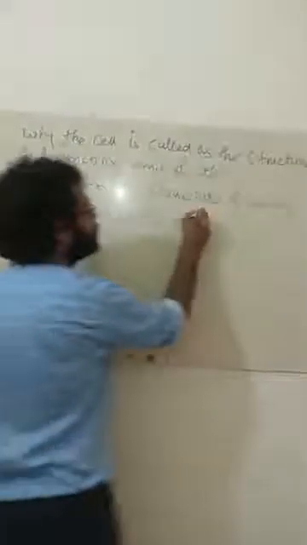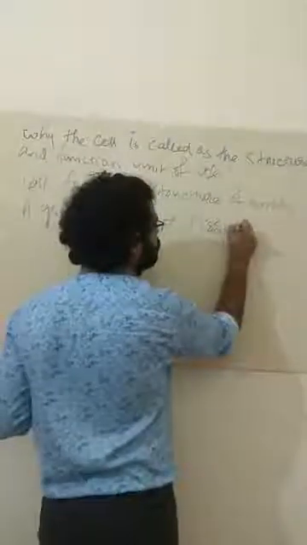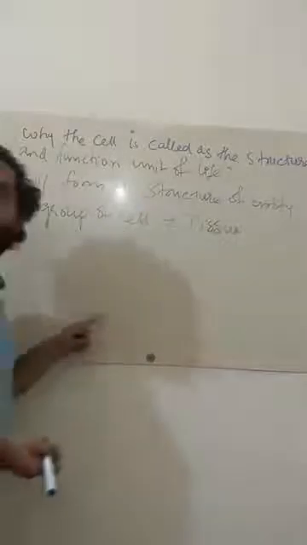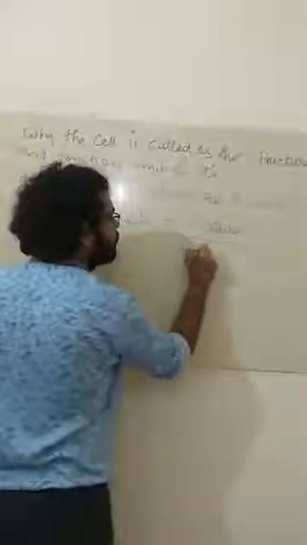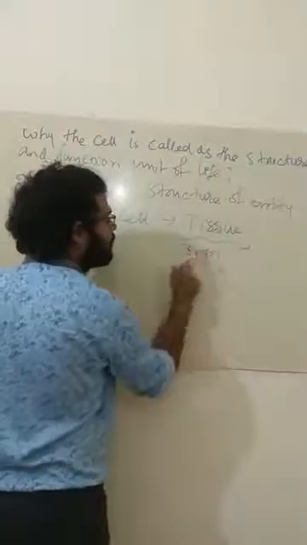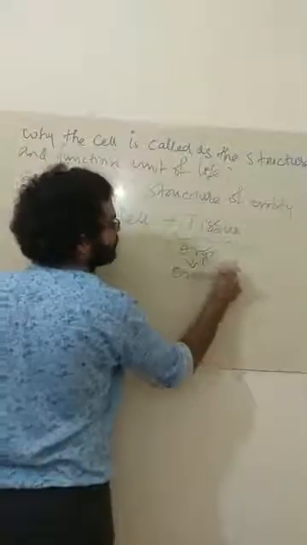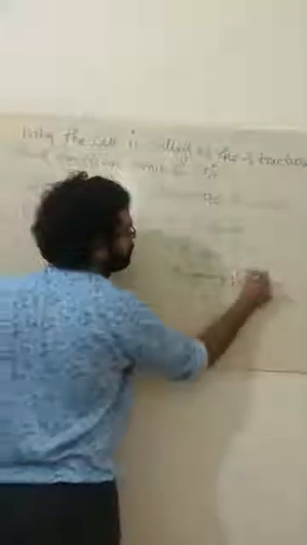A group of cells makes a tissue. From this tissue it will make an organ, and from this organ it will make an organ system. They will perform fundamental functions.